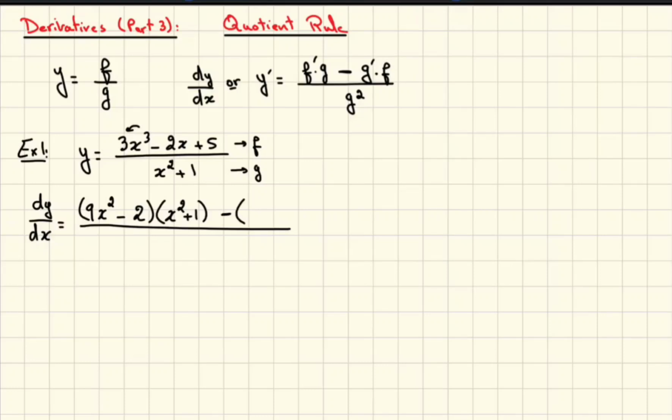Derivative of the denominator: we bring the 2 down, it becomes 2x exponent 2 minus 1, which is x exponent 1. The derivative of 1 is 0, we don't write it. So g prime is only 2x, multiplied by f, over g, all of it squared.